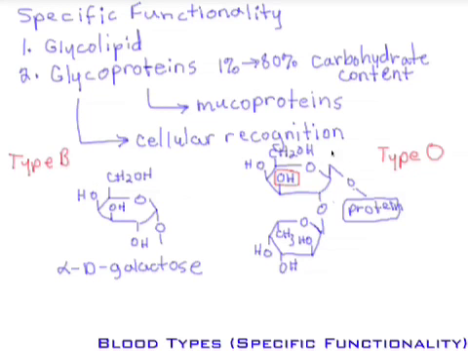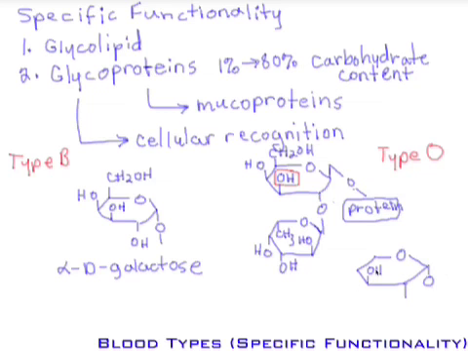Now, I don't expect you to draw these fragments. I'm only drawing them for interest. If we replace that OH that's in the red box with a galactose that is further modified, again, yes, it would be alpha.